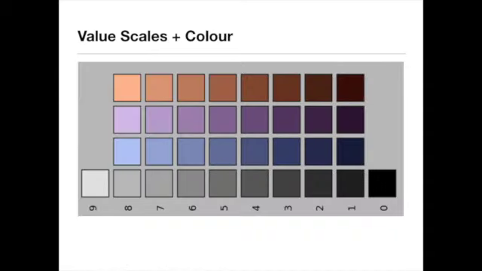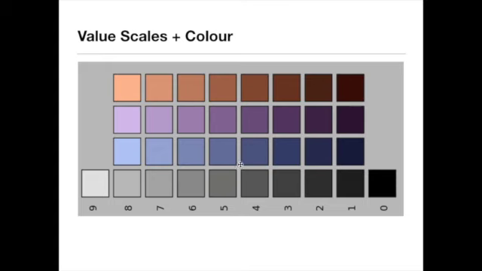So in this example here, we can see when we put colors up against a gray scale that the colors also are going to change. If I start with number 5 as my base color, or if you've seen the color video, our main hue, when we start adding a little bit of white, we're changing the tint of that color and making it lighter.